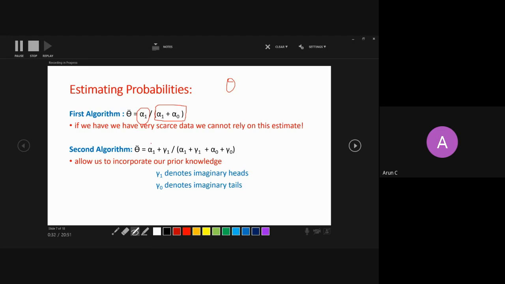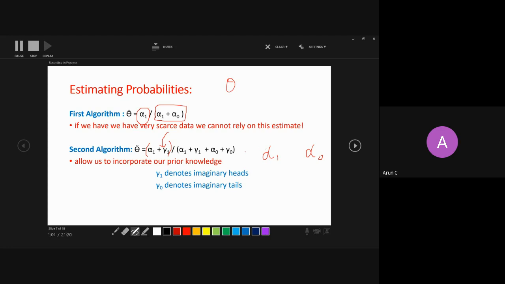And the second algorithm, just to be precise on this, says that you add some imaginary number of heads. So you have heads here, alpha 1, and you have alpha 0, the number of tails. You think in your head that there could be, say, 20 heads before this.